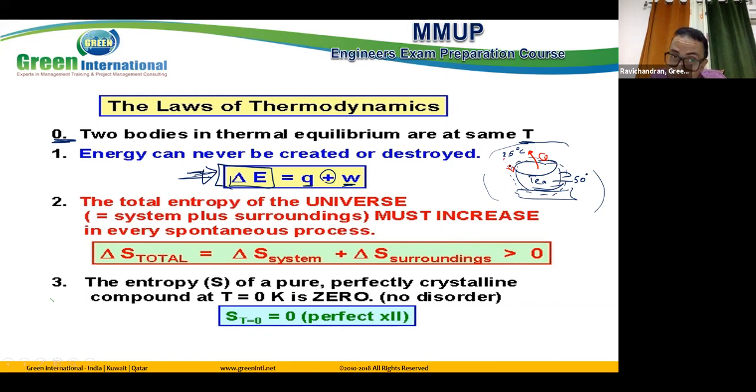For both cases, we can apply the first law of thermodynamics, no problem, and you can get an answer: change of internal energy equals Q plus work. But it can't define whether this system is applicable or not.